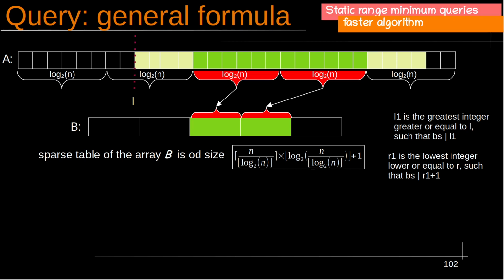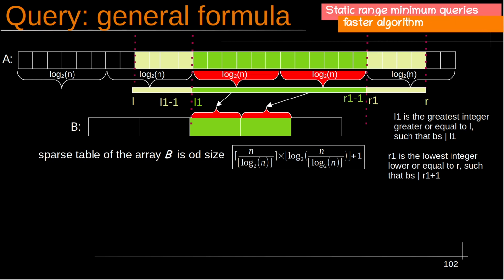Let's suppose that we want the range minimum query from L to R on the original array A. We can divide this range into parts: from L to L1 minus 1, from R1 to R, and from L1 to R1 minus 1.